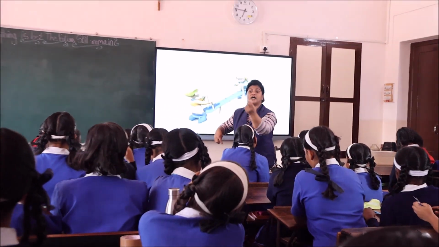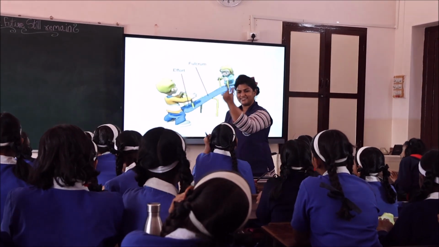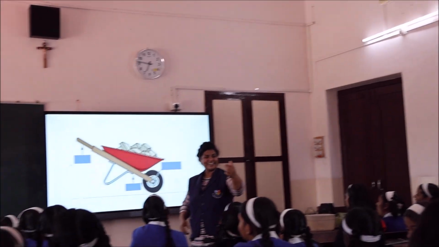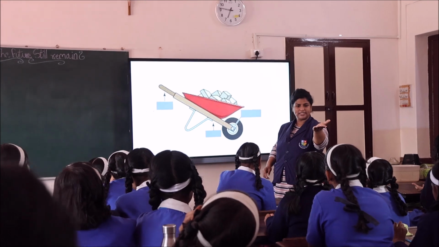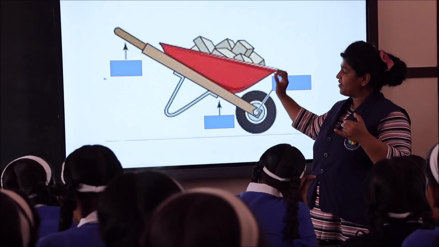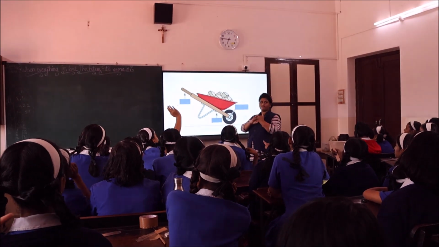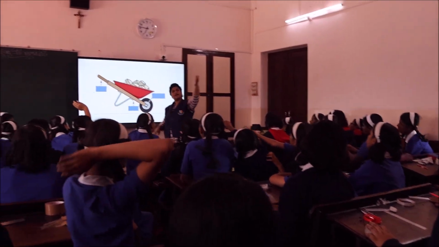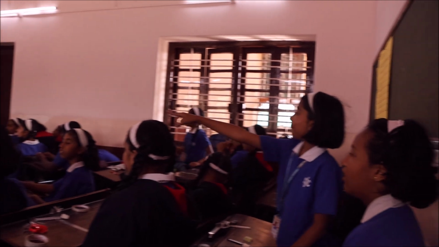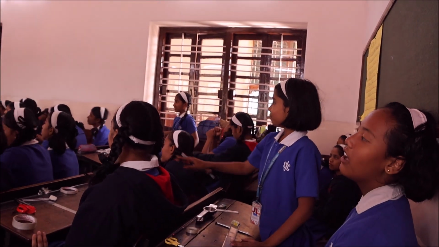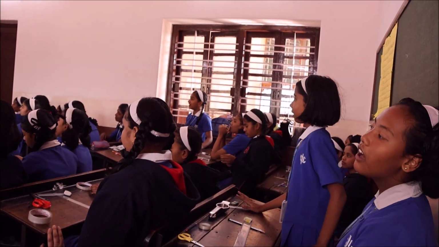So which order is this? Are you ready to answer a question? Where is the fulcrum? Yes, Arvi. Down here, at the wheel, is the fulcrum. Very good. Where is the load?